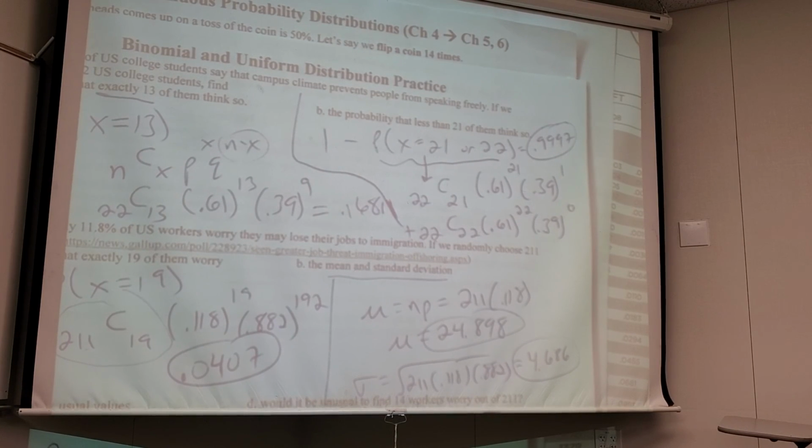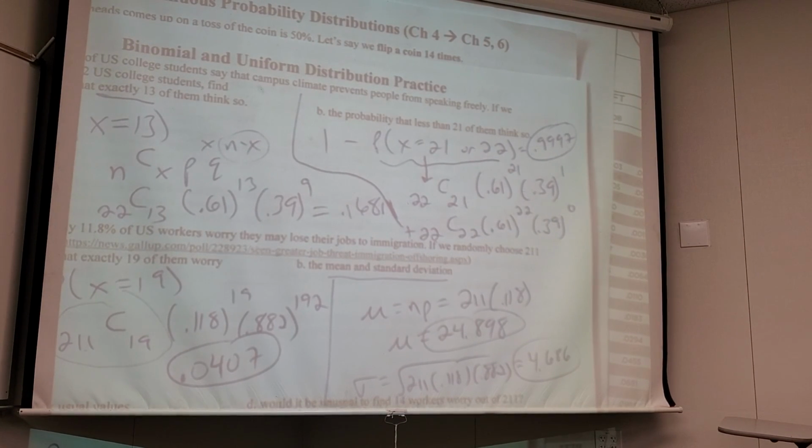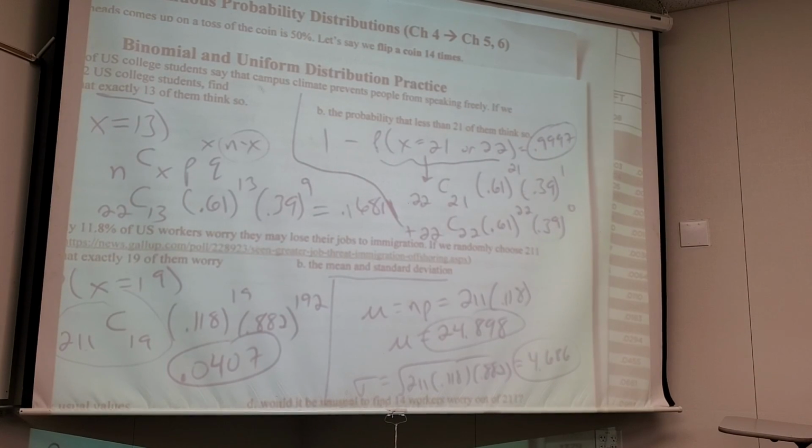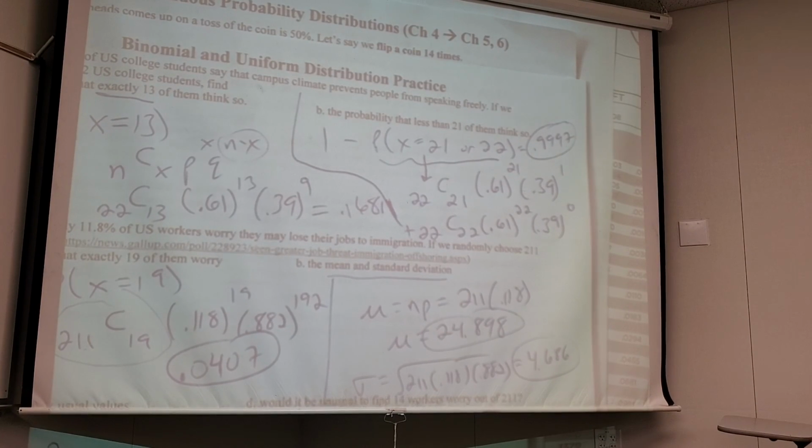What does more than 21 mean in this problem? 22. So if I find that probability, I'm done. The opposite of more than 21 would be a pain. That would mean 21 or fewer, so I'm not going to do that. I'm just going to answer the question directly. I don't have to do 1 minus something, because the question is quick. It's just got one situation.